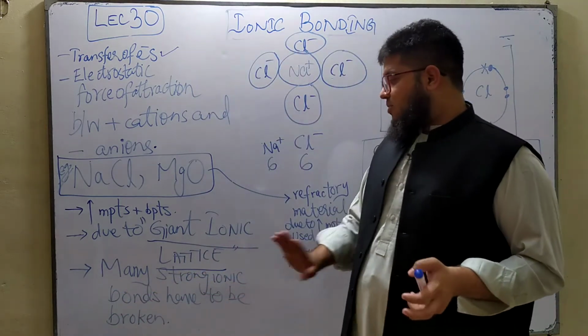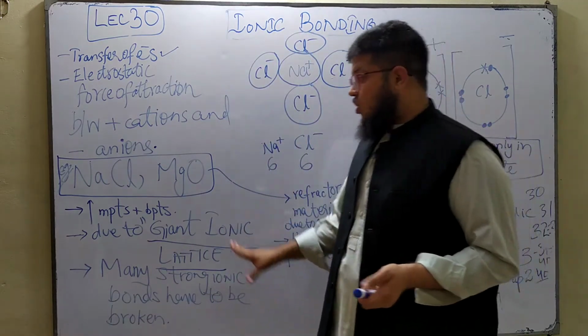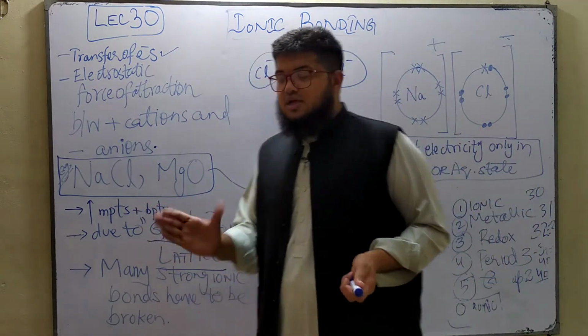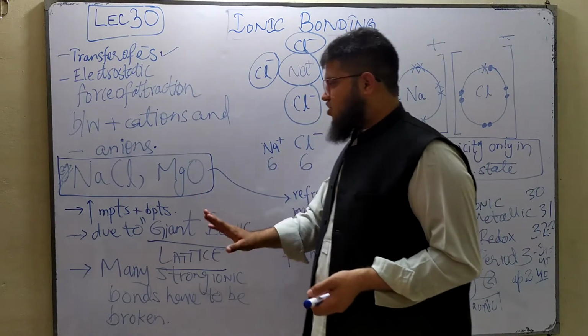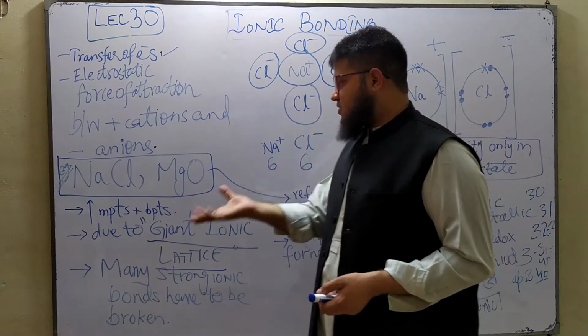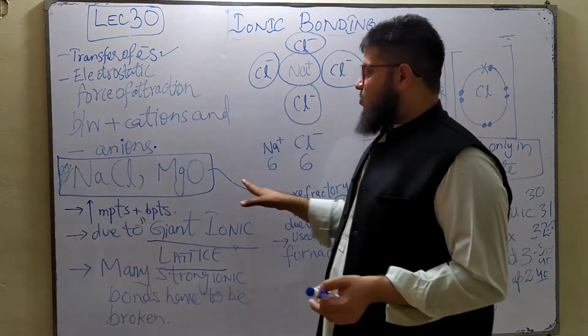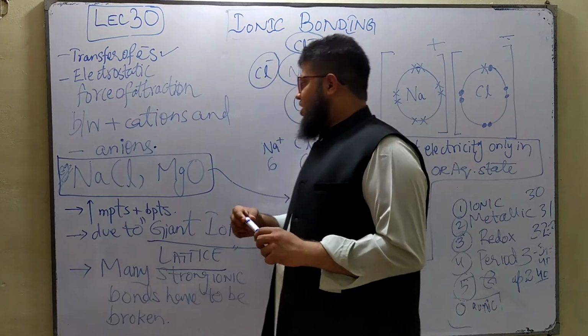So many strong ionic bonds are there. These ionic bonds have to be broken in order to melt them or boil them off. Boiling is generally not included in the syllabus because it would require quite a lot of temperature, but it's the melting that the examiner would generally ask you. So both of them have high melting and boiling points.